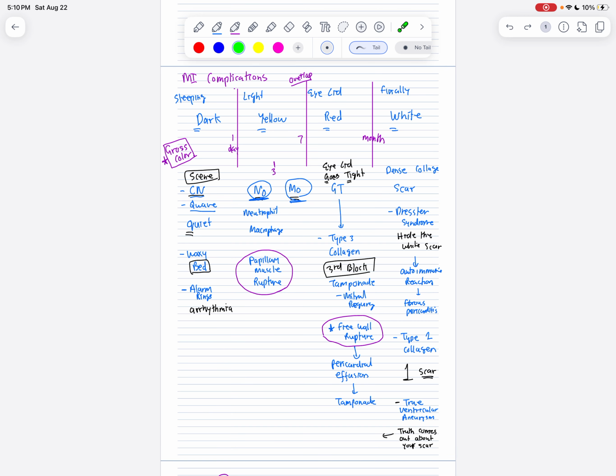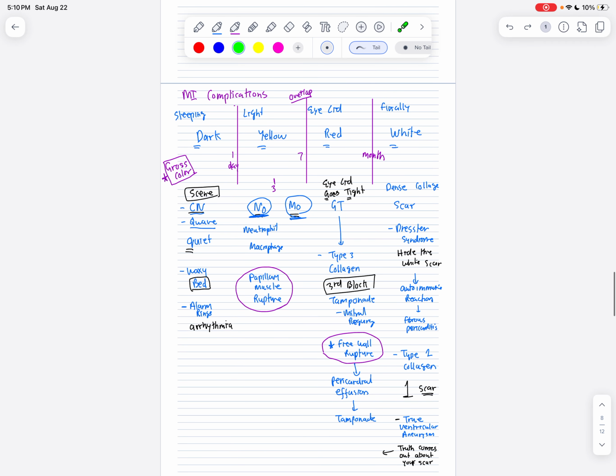So a patient has a heart attack, MI, and then it's been 4 weeks. They're just going to give you, it's been 4 weeks, what do you expect? And they will give you the same choices: waxy bed, papillary muscle rupture, free wall rupture, or Dressler syndrome.